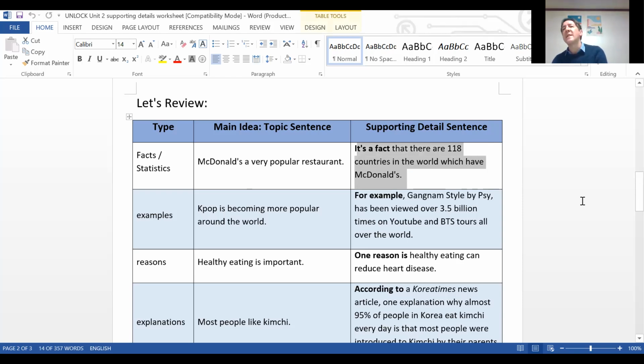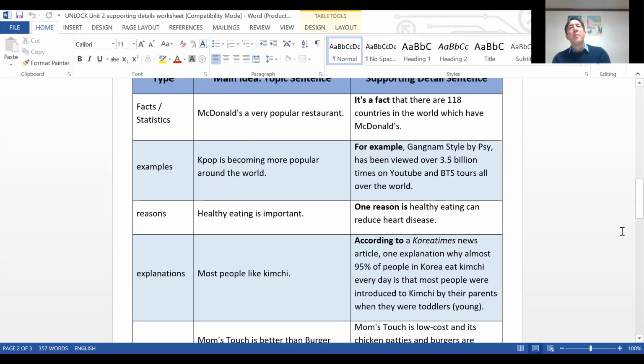So that's a supporting detail using a fact or a statistic. The next one is an example. Topic sentence. K-pop is becoming more popular around the world. Supporting detail. For example, Gangnam Style by Psy has been viewed over 3.5 billion times on YouTube and BTS tours all over the world.